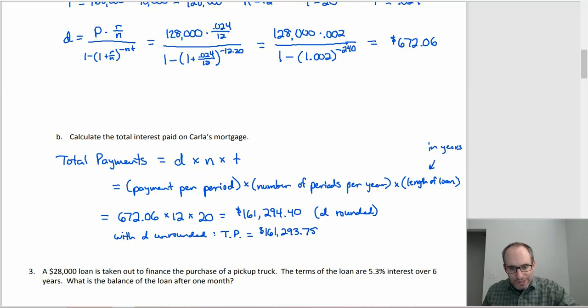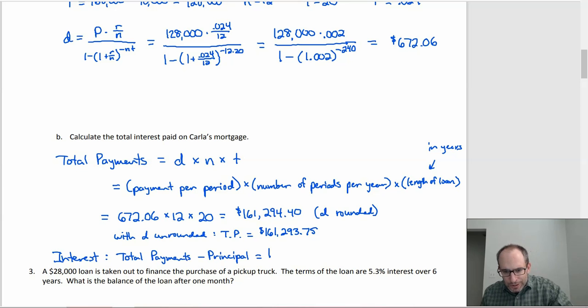But the interest, I did it off of this one, where it's unrounded. Since that's the one where I've got it figured out on this piece of paper next to me, that's how I'll write it here. So the interest would be, in general, the total payments minus the principal.